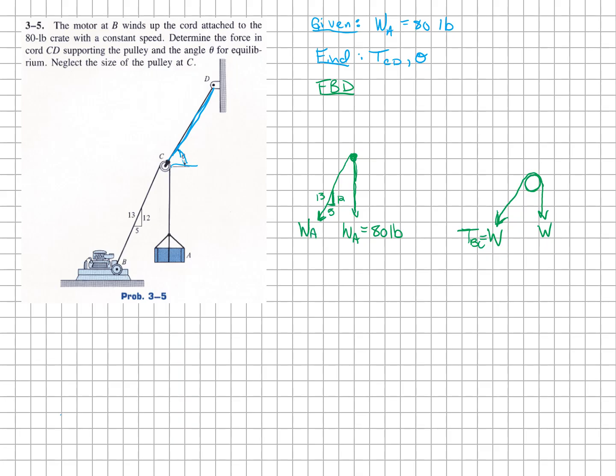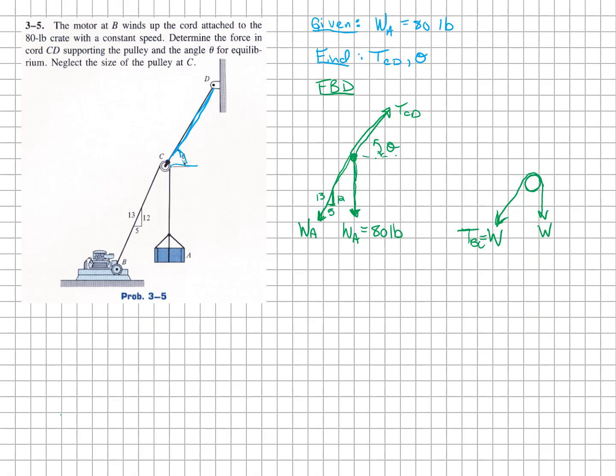It's just going to have different components because it's at an angle as compared to this straight down weight. And then we also have a tension in the cable TCD at an unknown angle of theta. So this is what my free body diagram looks like.